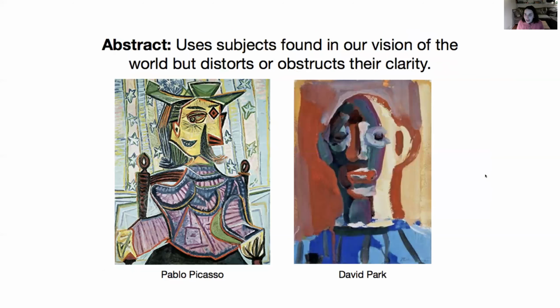And then abstract is right in between the two. So it makes some reference to what we see in the world. It has nameable objects or nameable subjects, like a woman on the left, a man on the right, but it distorts or obstructs them in such a way that it's removed from how we actually experience those subjects. Again, the sense of accuracy might be distorted.